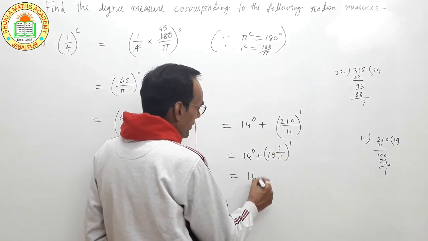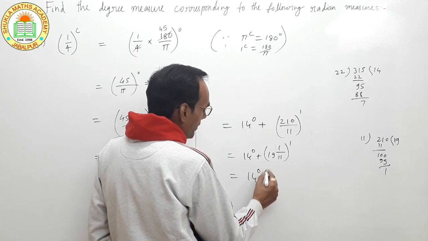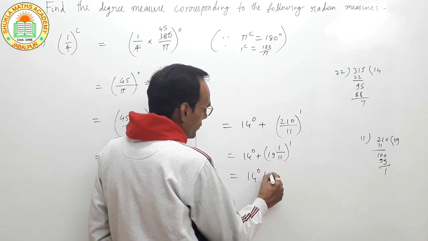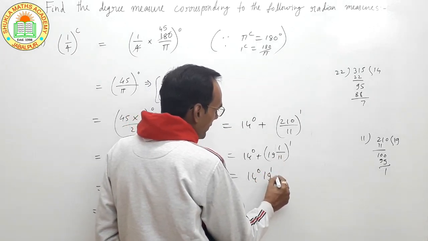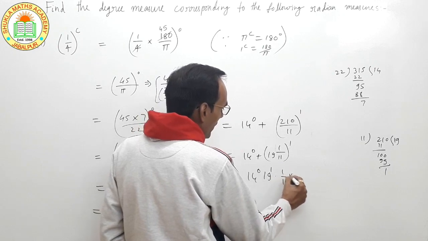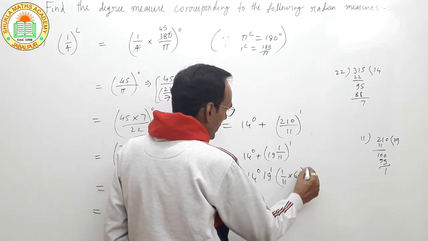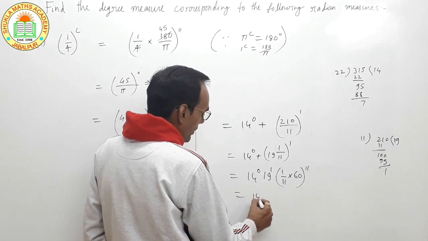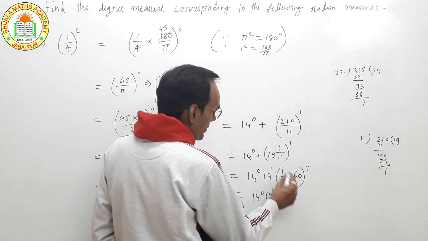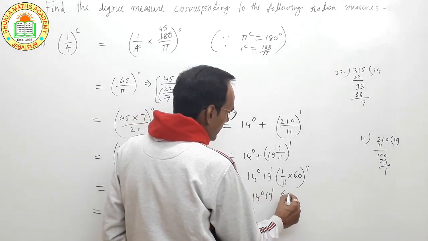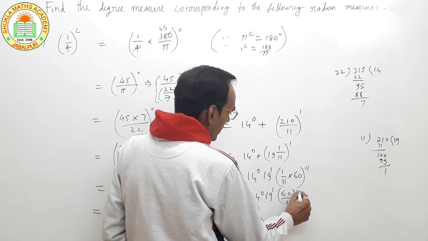So we can write 14 degree, and here take 19 outside the bracket in minutes, and 1 by 11 multiplied by 60 will be converted into seconds. So 14 degree 19 minutes and 60 by 11, this is also a fraction in seconds.